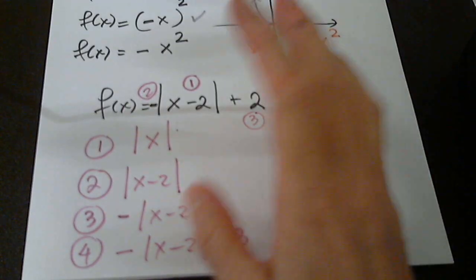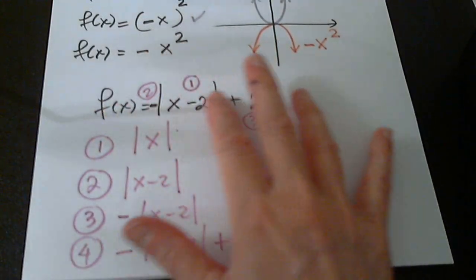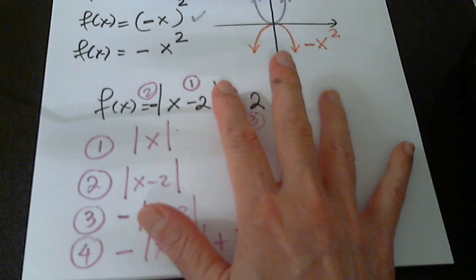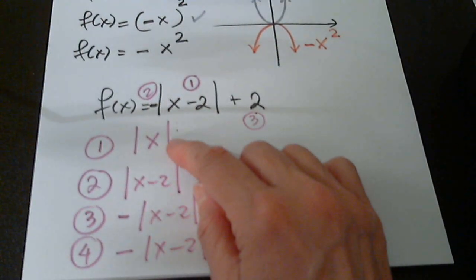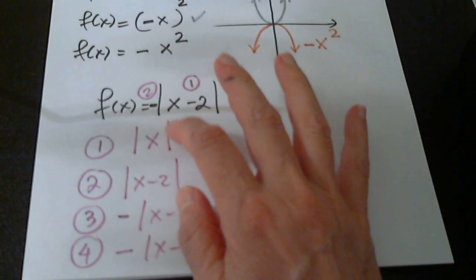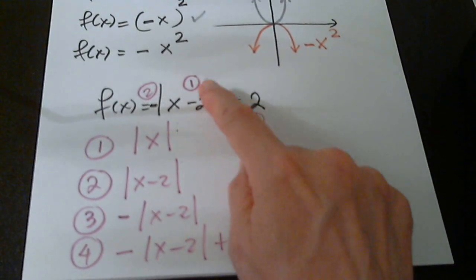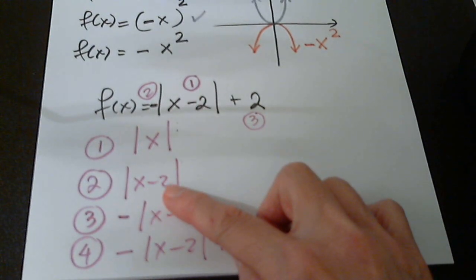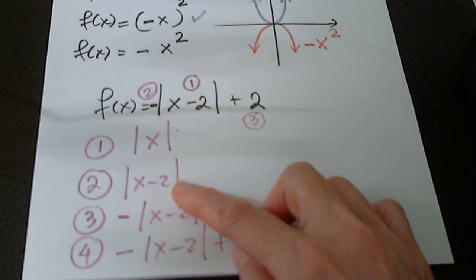So this function is a complicated function based on the absolute value of x. The first transformation on the absolute value of x is x minus 2. Where does the graph go? Left, right, up or down, or reflect?